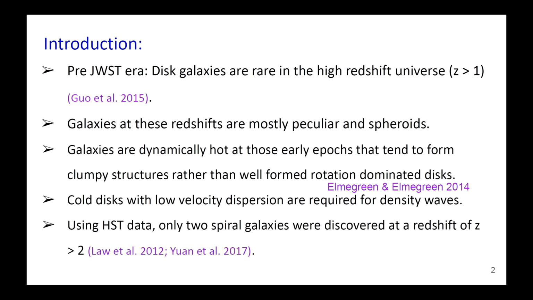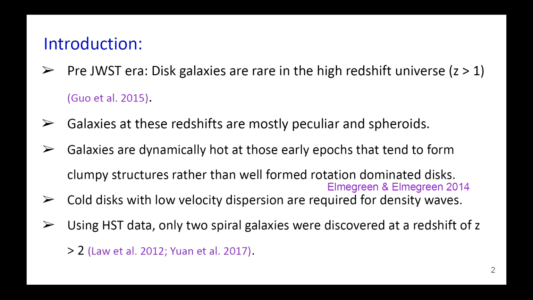pre-JWST era. Earlier it was considered that these galaxies are rare in the universe, and most galaxies beyond redshifts of 1 are either peculiar or spheroids. At these epochs, galaxies are dynamically hot, which tend to form clumpy structures rather than well-formed rotation dominated disks.